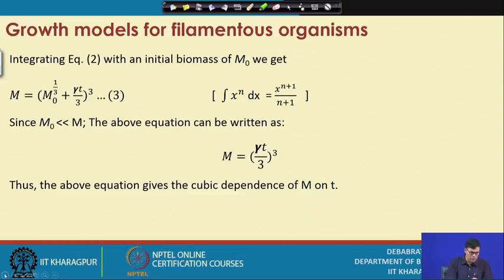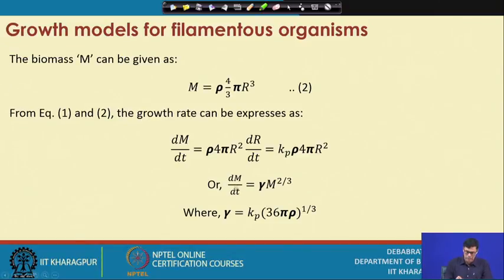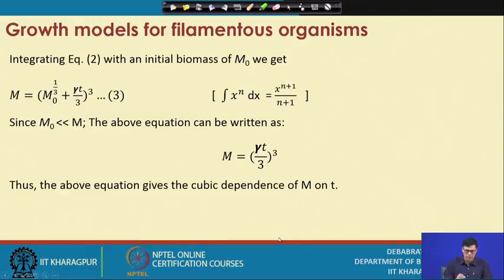Then if you go here, this is dm by dt equal to m to the power 2 by 3. Am I right? Now, if we integrate, we will get this form: m equal to (m0 to the power 1 by 3 plus gamma t by 3) to the power 3.